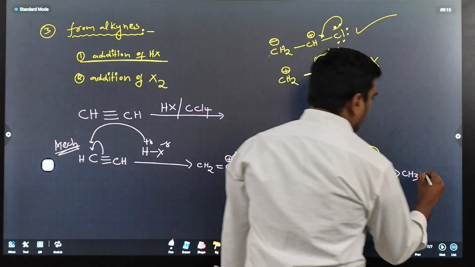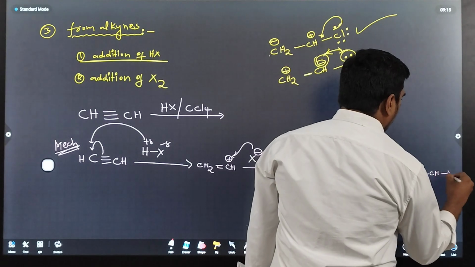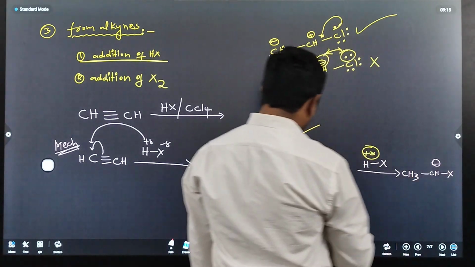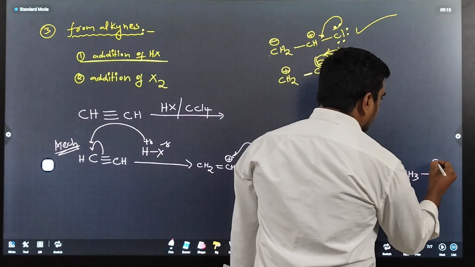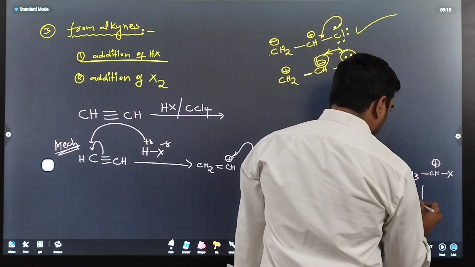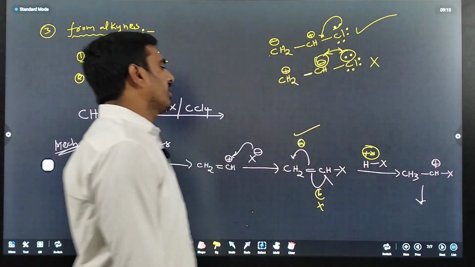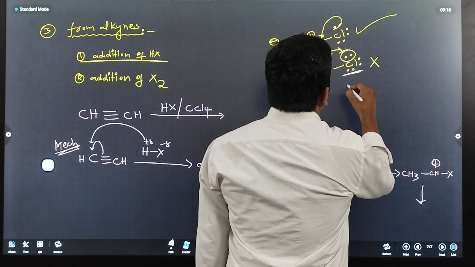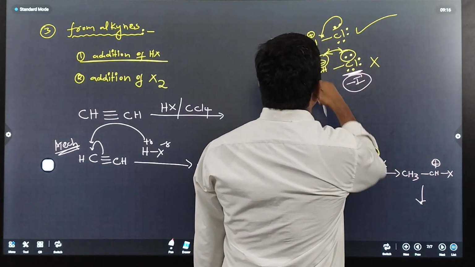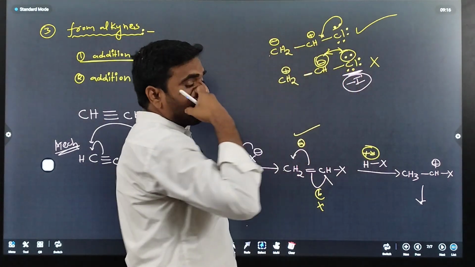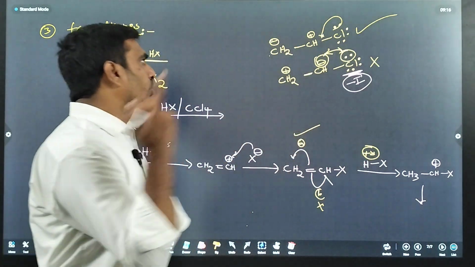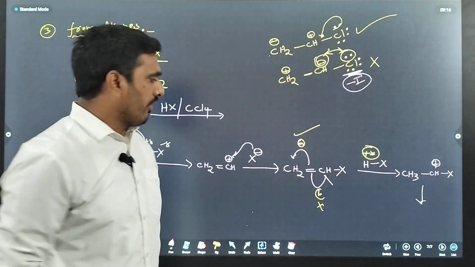Next, CHX, with electron displacement towards here, X plus. Chlorine has a minus I group, and the minus I effect decreases the stability of the carbocation, but the resonance effect dominates over the inductive effect.